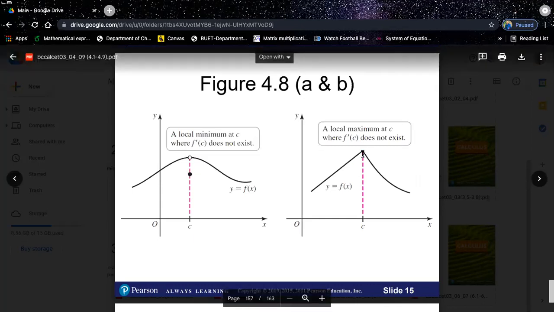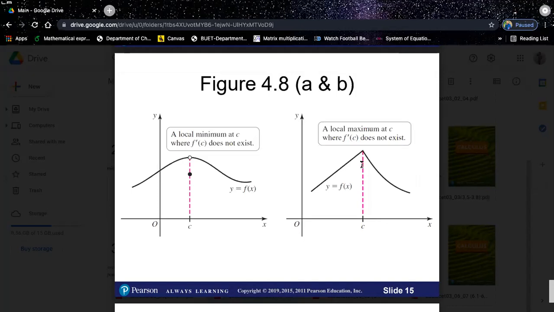Same goes for this one. We have a maximum because it looks like a peak, right? It looks like the highest point for this graph, but it's not really differentiable. Can anyone tell me why, real quick? If you remember the criteria of being differentiable, of course. Anyone? Because it's a corner. Exactly, it's a corner point, right?